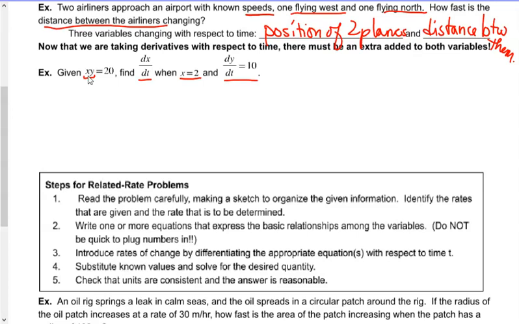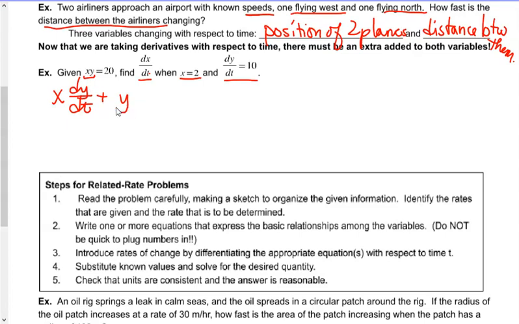When I do the product rule, I take the first function, which is x, and multiply it by the derivative of y. Now the derivative of y itself is just 1, but if I'm taking it with respect to time, the t and the y do not agree. Therefore I need a dy over dt for this. Then I'm going to add to that the second times the derivative of the first.